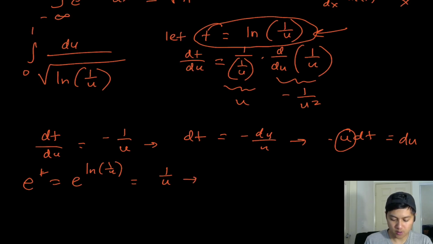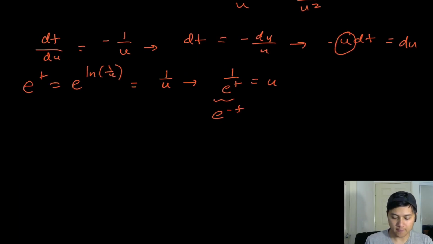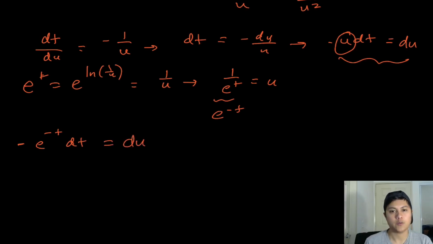So essentially, 1 divided by e to the t is equal to u. And we can rewrite 1 over e to the t as e to the negative t. So in all, this line up here is negative e to the negative t dt is equal to du.